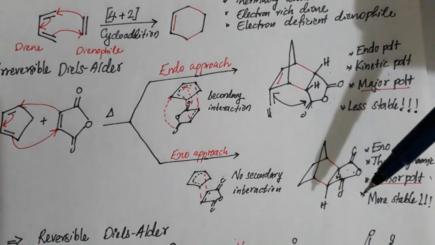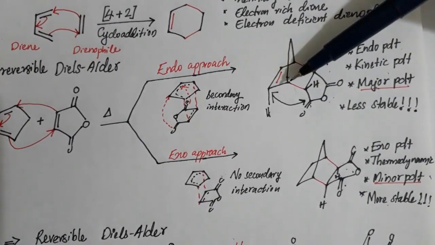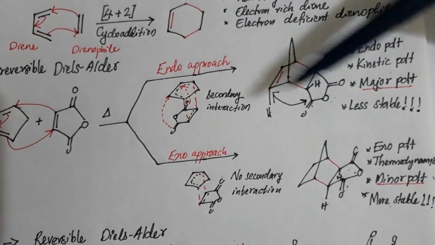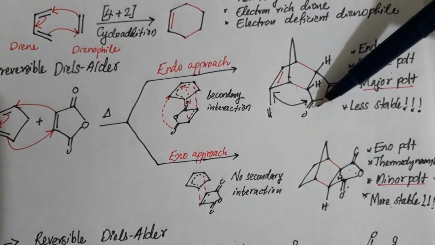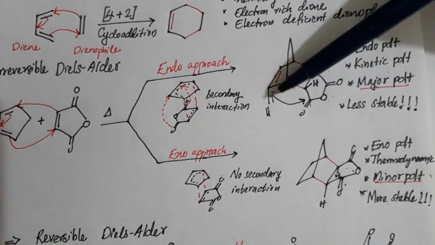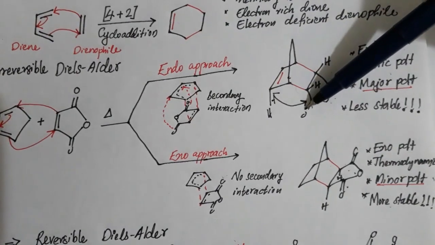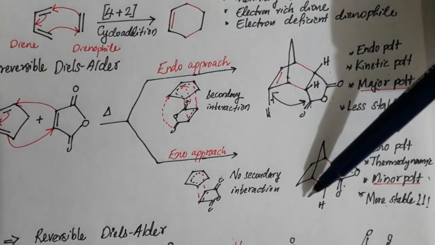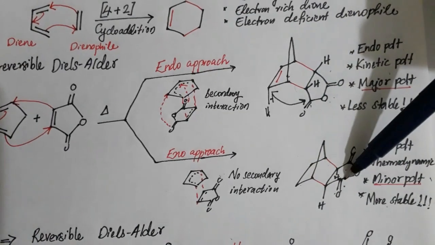Why is the exo product more stable than the Endo product? Listen, the Endo product has extra steric hindrance between this dienophile portion and this hydrogen. Steric hindrance is a destabilization phenomenon, but you can't see any such steric hindrance in the exo product.